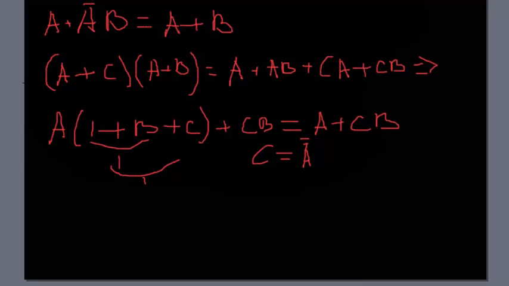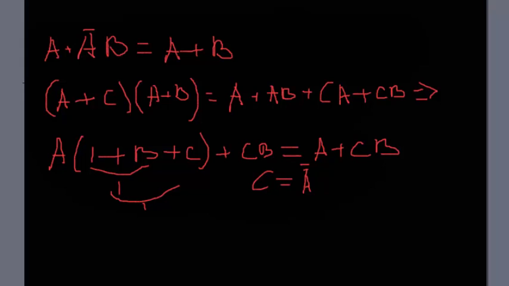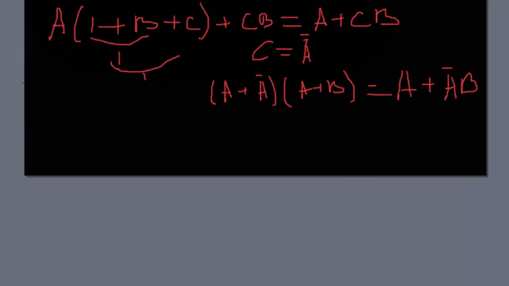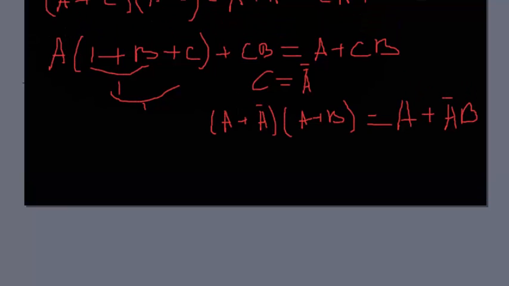So if we think so, we should write here A plus A negation plus A plus B, which will be equal to A plus A negation B. As you see, we changed one thing and got the new rule.